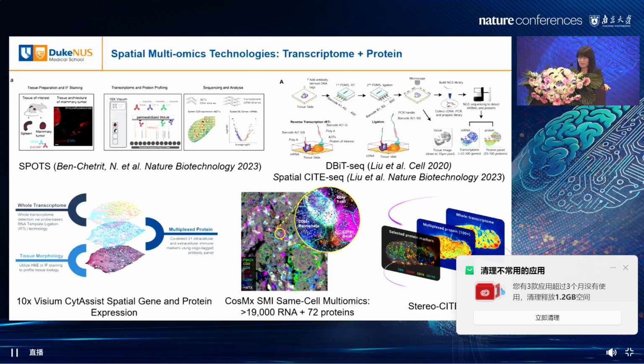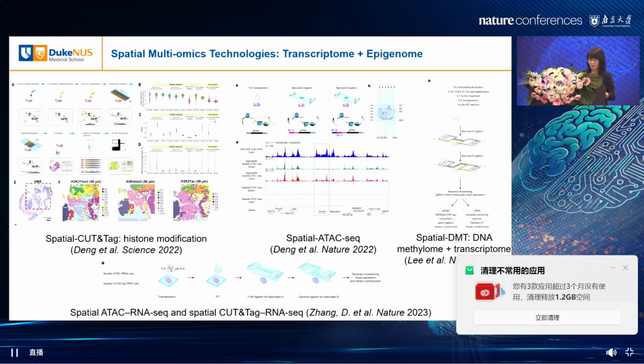Besides these technologies developed in academic labs, we also have many commercially available technologies such as the 10x Visium, 6-plex spatial gene and protein expression, CosMx SMI, and Xenium multiomics. All of these are commercially available and allow us to profile both the RNA and the protein from the same tissue slide. And besides RNA and protein, epigenomics is also very important.